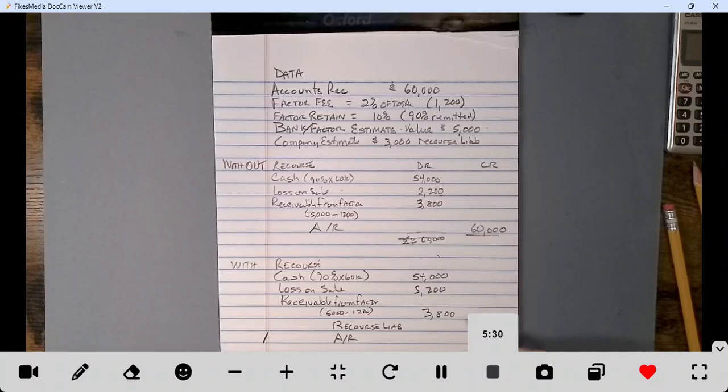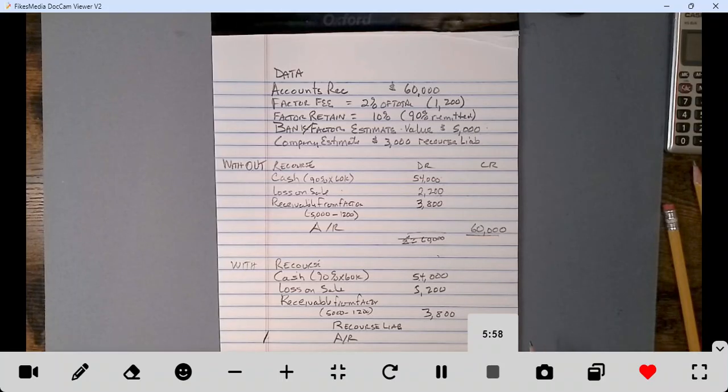Otherwise, it's adjusted as it's collected. But if you have very little faith in your accounts receivable, and you think some of them might come back to bite me, I'm doing this with recourse. The bank can come back to me and say, hey, these people haven't collected. We advanced you money based on that. So let's take that money back.